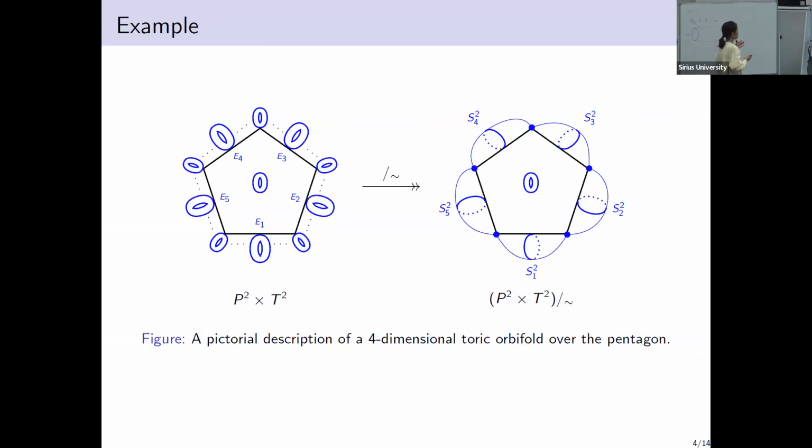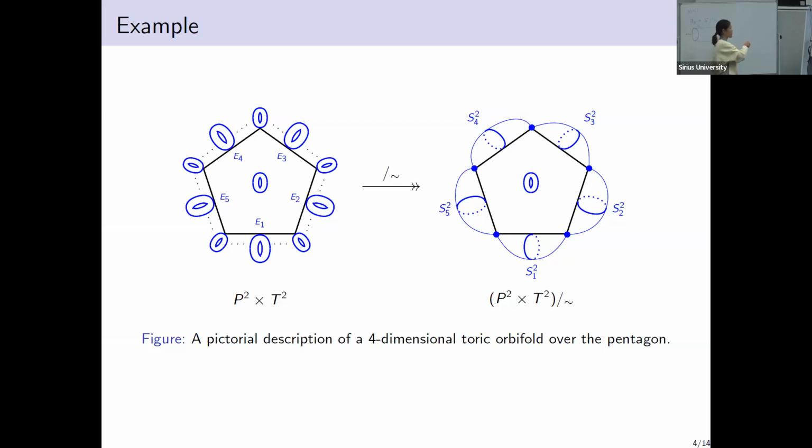I want to give you a feeling of how it looks when P is a polygon. So in this example, we start with a pentagon and cross it with a two-dimensional torus, according to the definition. That means for each point in the polygon, I can attach a two-dimensional torus. Then following the construction, I can do the quotient. If the point lies in the interior of the polygon, I don't quotient out anything.